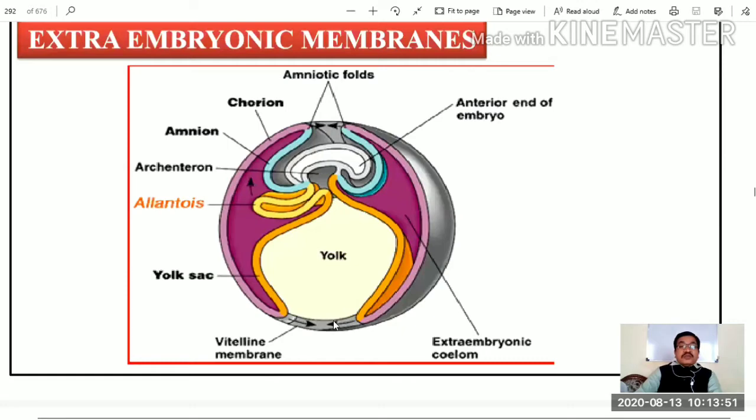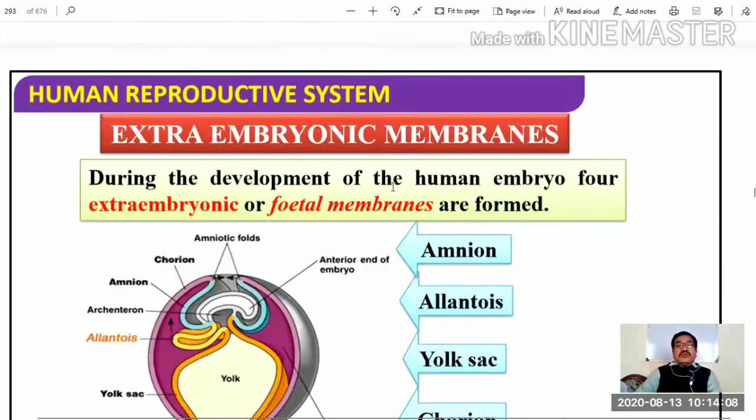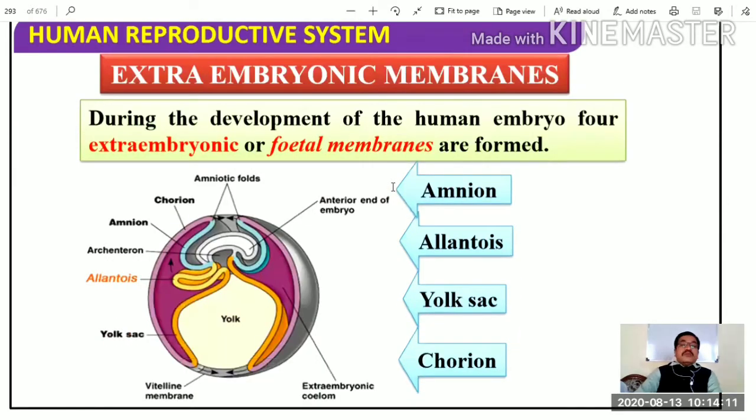And then there is a formation of the extra-embryonic coelom. So the extra-embryonic coelom formation takes place, or the membranes, which will be developed during the development of the human embryo. So when the human embryo develops, simultaneously there is also development of the extra-embryonic membranes. The parts such as the amnion are developed.